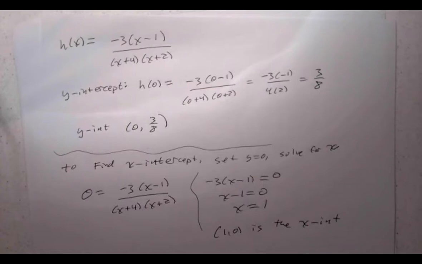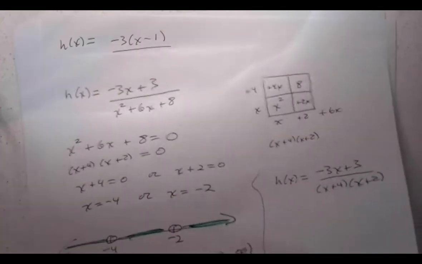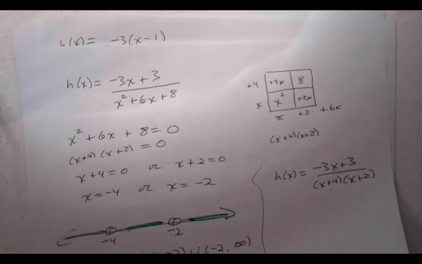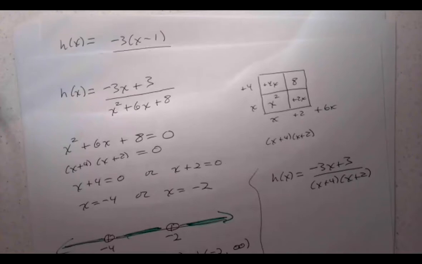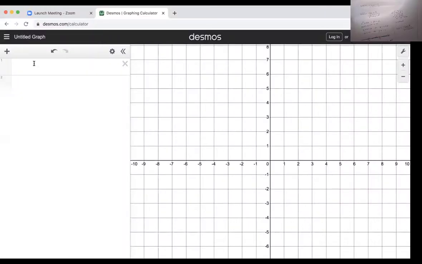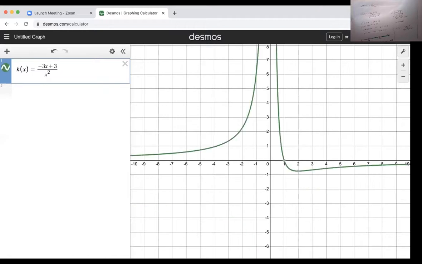So we go all the way back to the beginning. My original function was -3x plus 3 over x squared plus 6x plus 8. Let's look at it. h of x equals upstairs, -3x plus 3, divided by downstairs, x squared plus 6x plus 8.